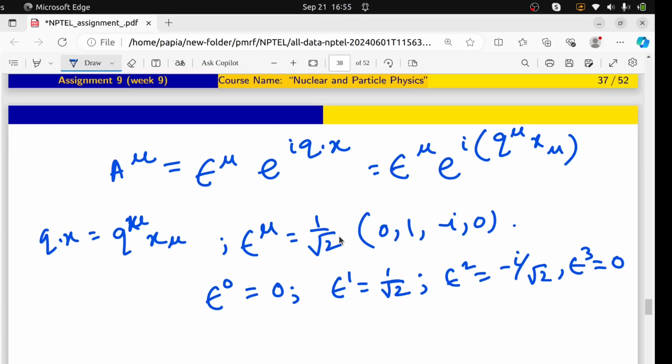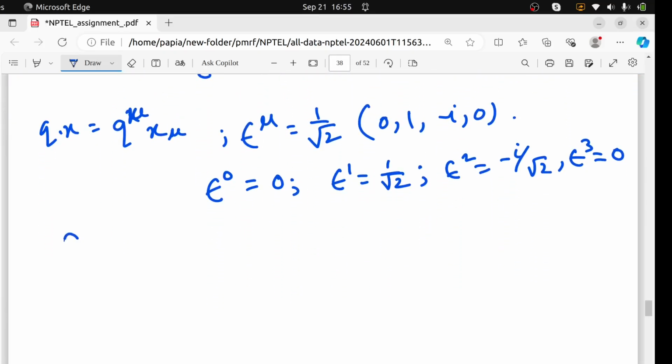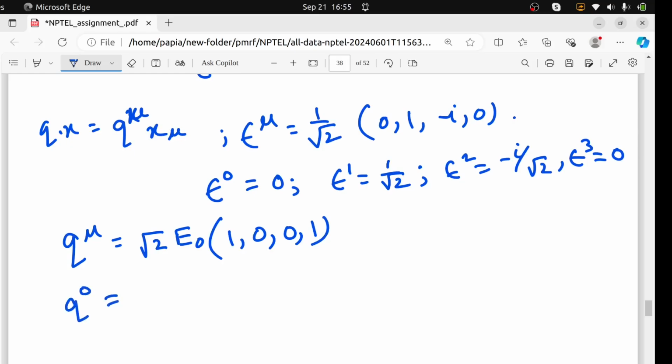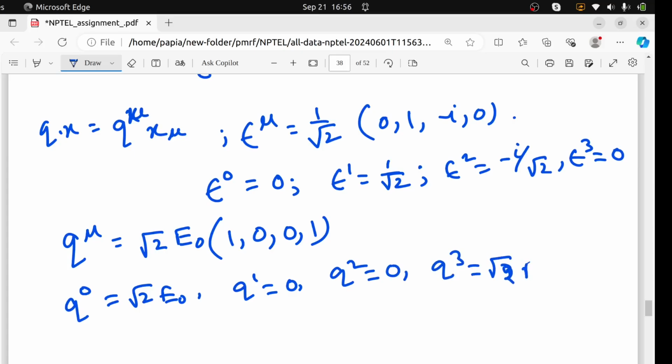And what is the expression for q mu? q mu is given as root 2 E0 times (1, 0, 0, 1). So q0 is root 2 E0, q1 is 0, q2 is 0, q3 is root 2 E0.